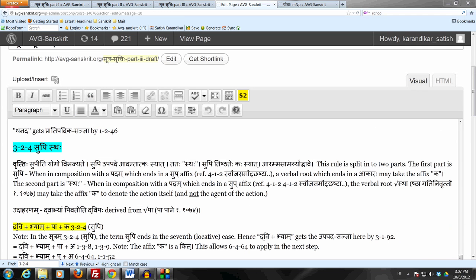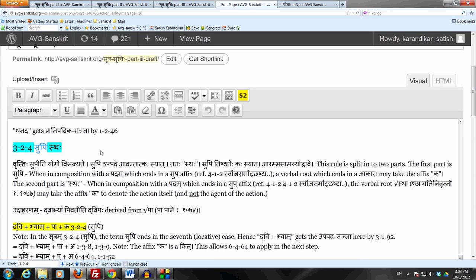This technique is employed when the grammarians, the Vyakarana Parampara, feel that there is a need to split a sutram into two parts. There is a reason for that, because by splitting a sutram, we are able to bring or cover some other cases which would not have been possible had the sutram been kept as it is.